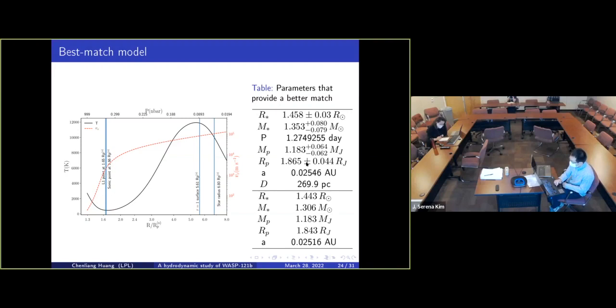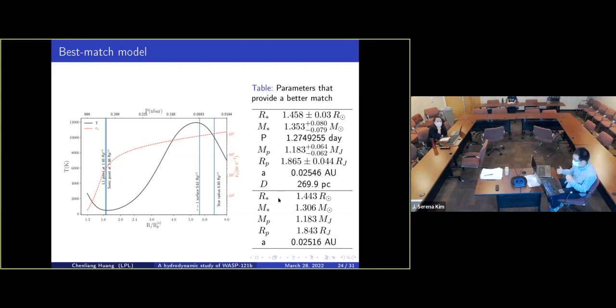We adjust the radius of the planet. The 1 sigma is 0.044, so I just use this radius minus half of this sigma for the planet radius, and keep the planet radius to star radius ratio constant.